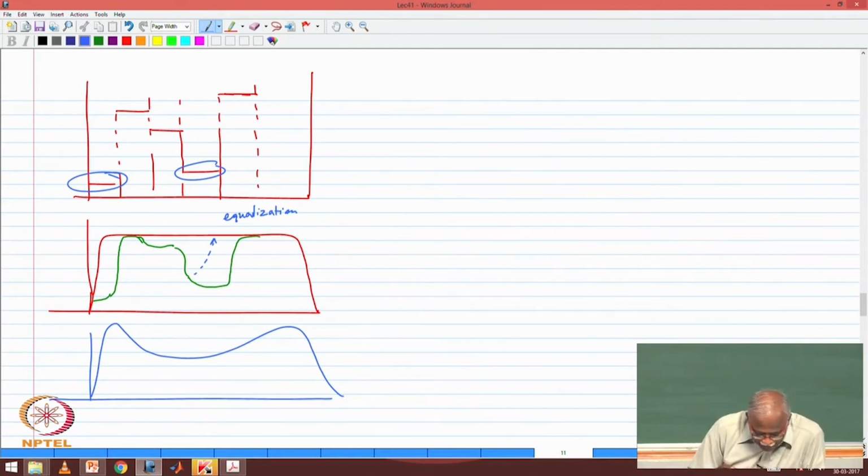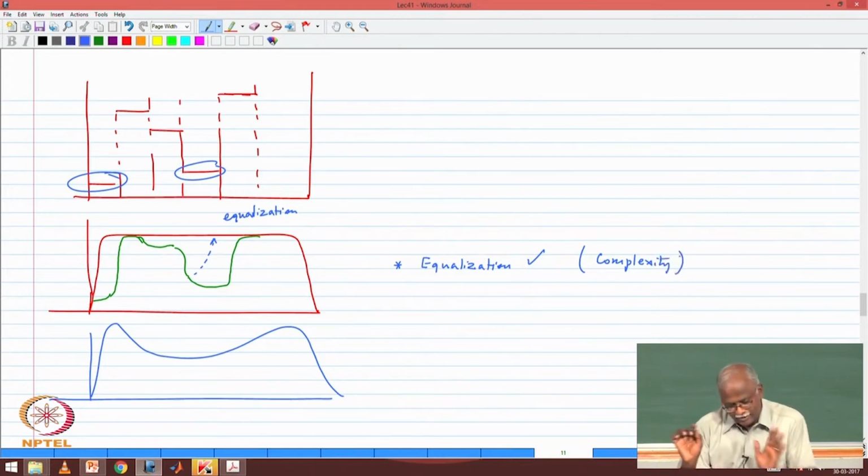So that is an important ability. So if you tell me that I have to work with a single carrier system, I am going to say the following. Equalization I can do. I can recover the signal. It may be complex, depending on the complexity, but I can recover the signal. But what about capacity?